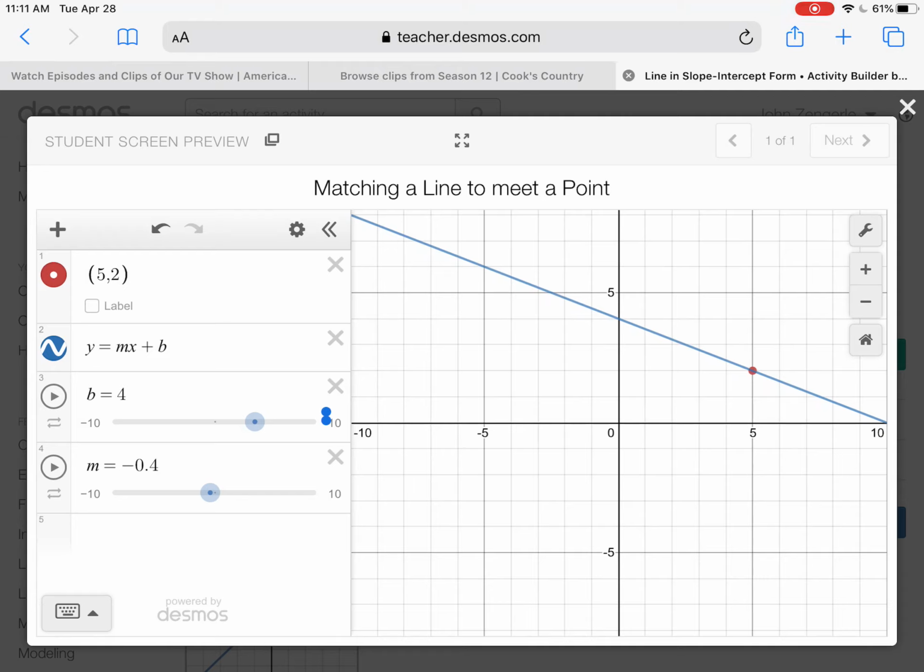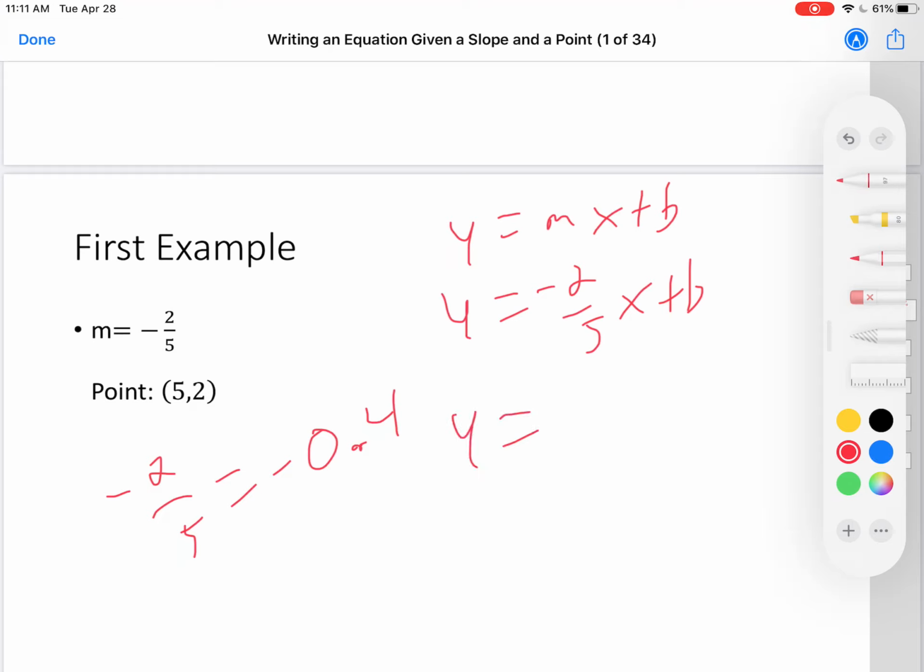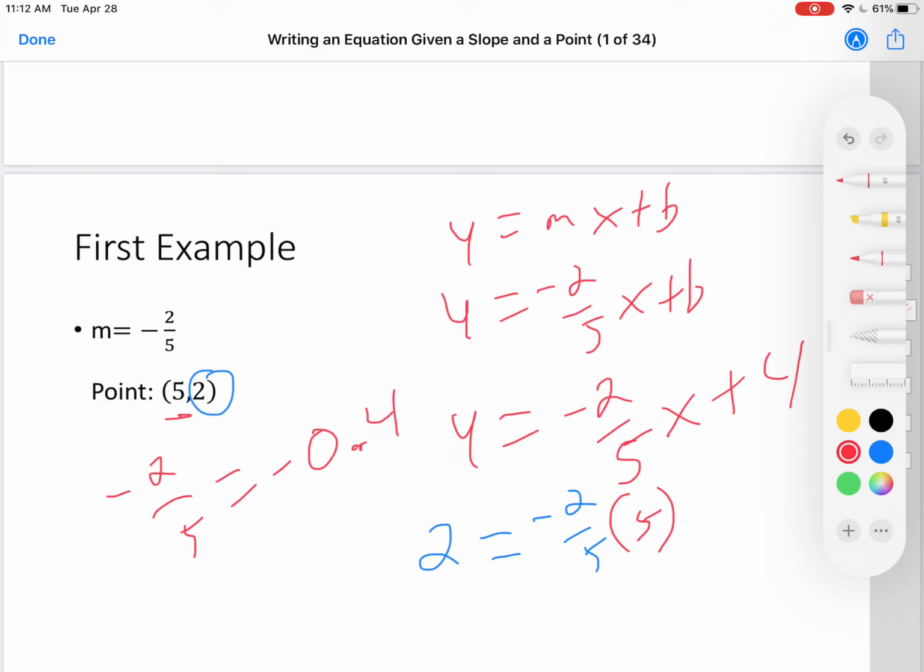Switching over to here. Since we know that's the case, I can write that as y equals negative 2/5 x plus 4. Let's see if that actually worked. Y here is 2, so I'll write 2 for y. Negative 2/5. X is 5, so I'll put in 5 for that.